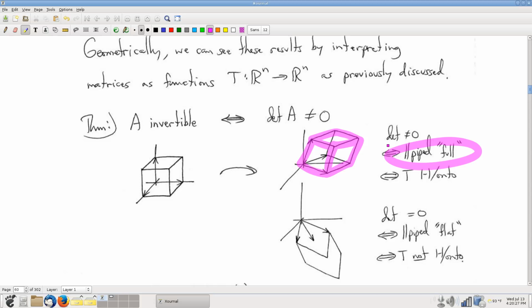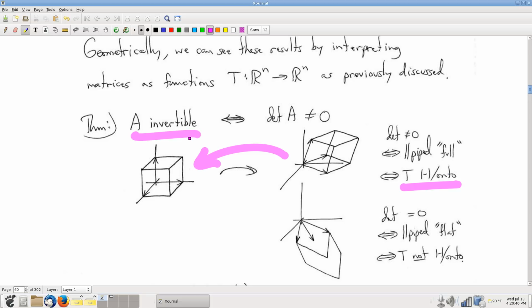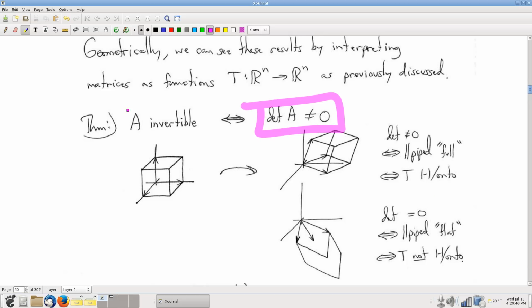It has not been smushed. Right? Being as it has not been smushed, the function's going to be invertible. It's going to be one-to-one and onto. Nothing has been pushed onto anything else, and therefore the function is invertible. Okay. So it's a nice way to think about this relationship between determinant and invertibility.